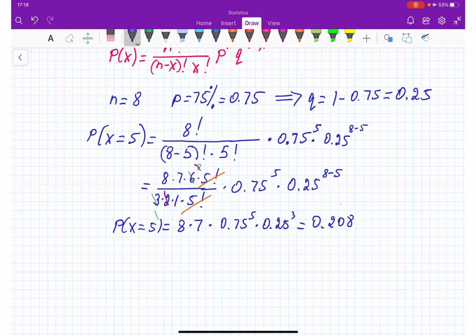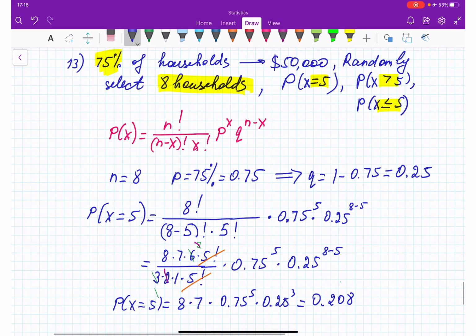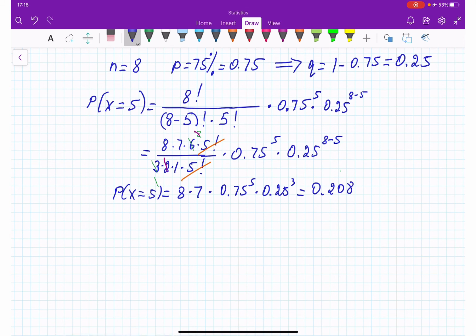Next we are going to get x greater than 5. Which means what I have to do, total I have 8. So I need to find probability of x greater than 5, which is equal probability of 6 plus probability of 7 plus probability of 8, right?